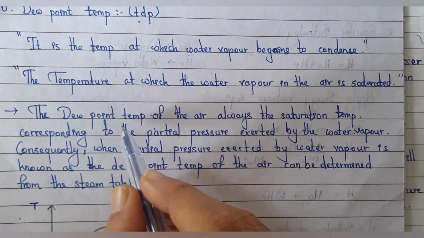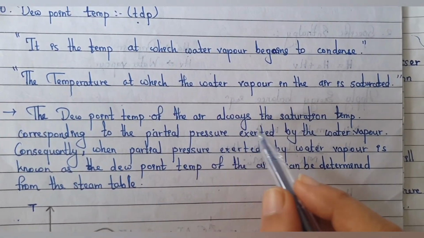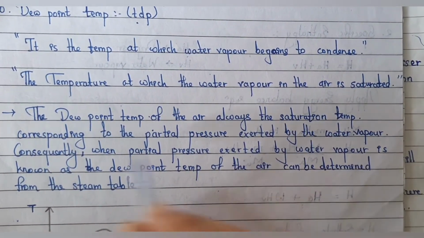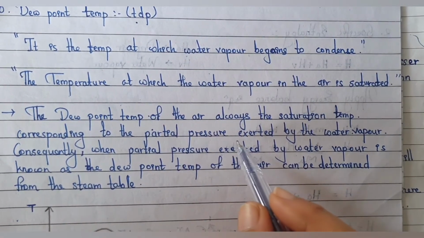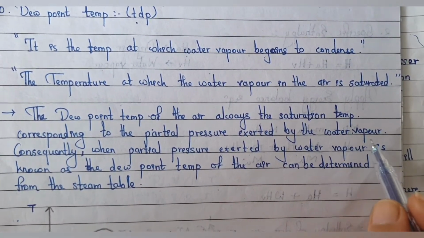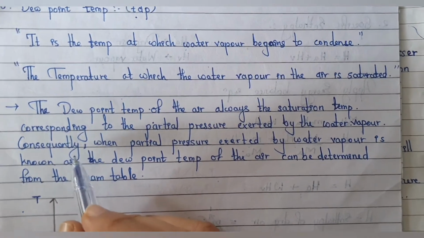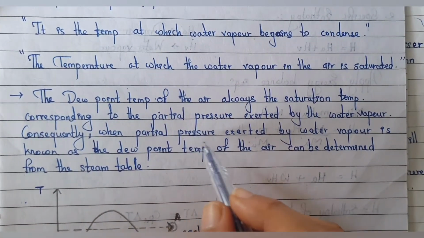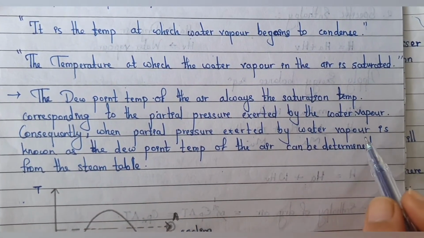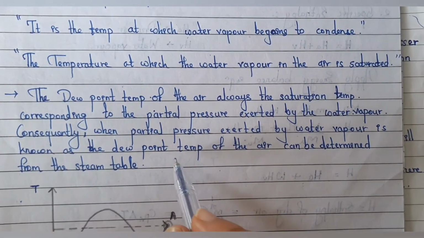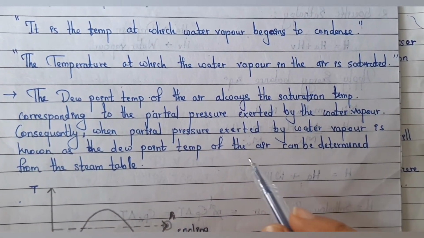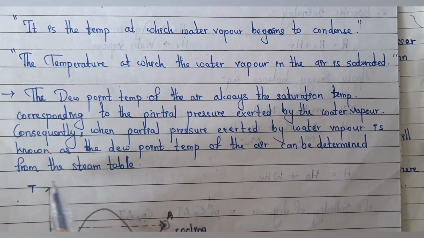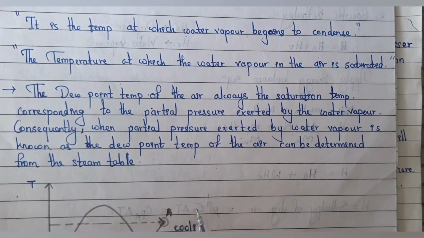Now the dew point temperature of the air is always the saturated temperature corresponding to the partial pressure exerted by the water vapor. Consequently, when the partial pressure exerted by the water vapor is known, the dew point temperature of the air can be determined from the steam table.